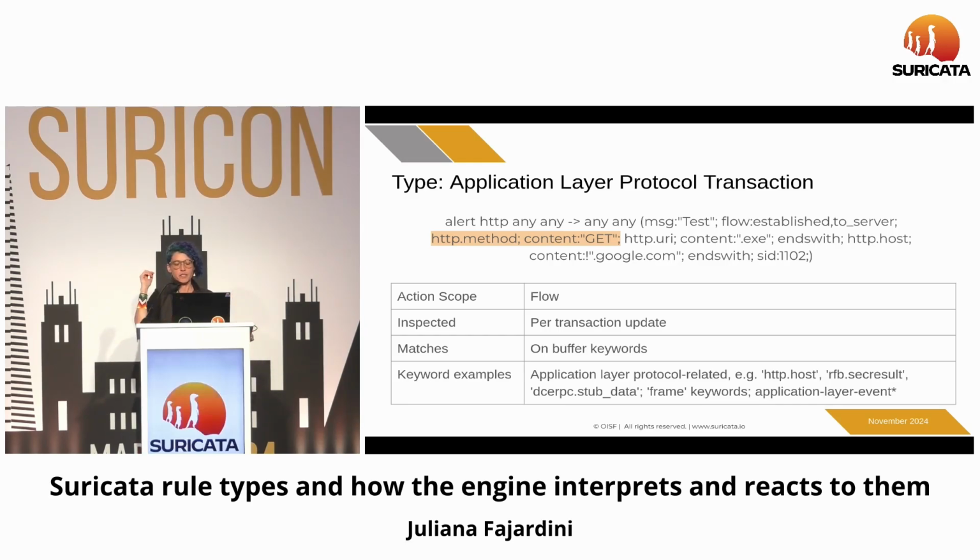It is inspected whenever there's a transaction update. And I mentioned buffer keywords, but also application layer events. I'm not sure if all of them, but at least some of them will be connected to transactions. And the frame keywords that some of you are already familiar with also fall in this category.